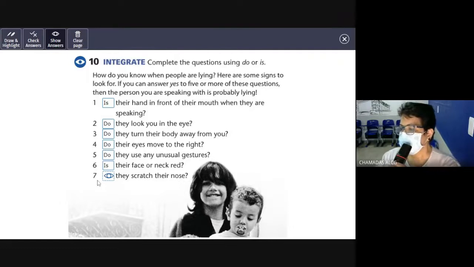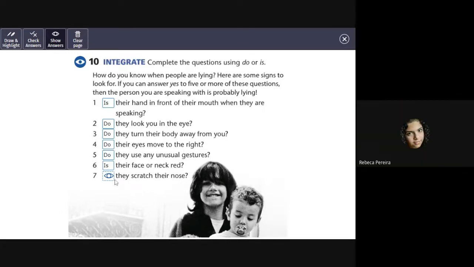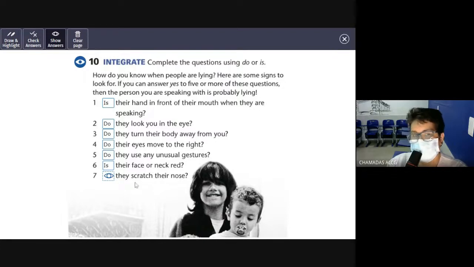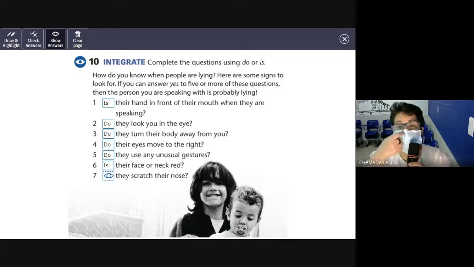And number 7, this is typical. Look at the verb. Scratch is the same as when you do this with your nose, okay? When it's itching, you scratch. Like for example, now I'm scratching my arm, okay?